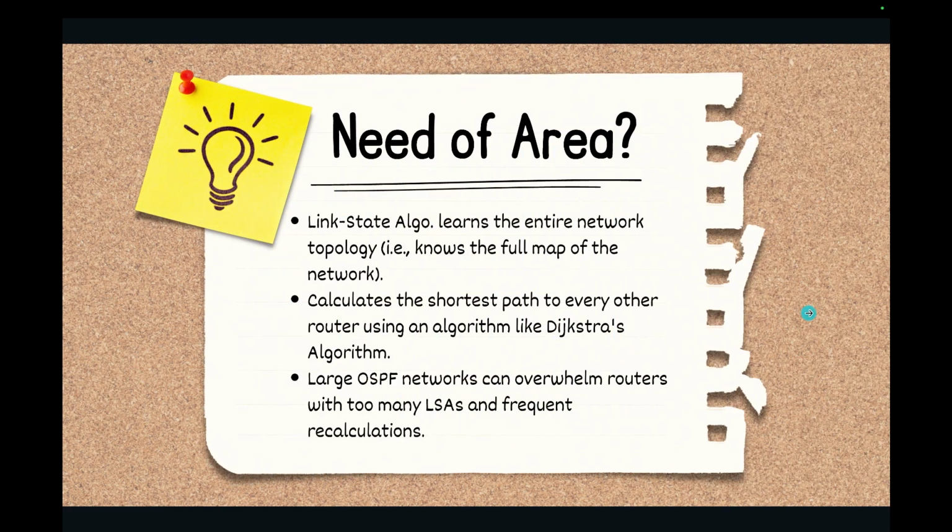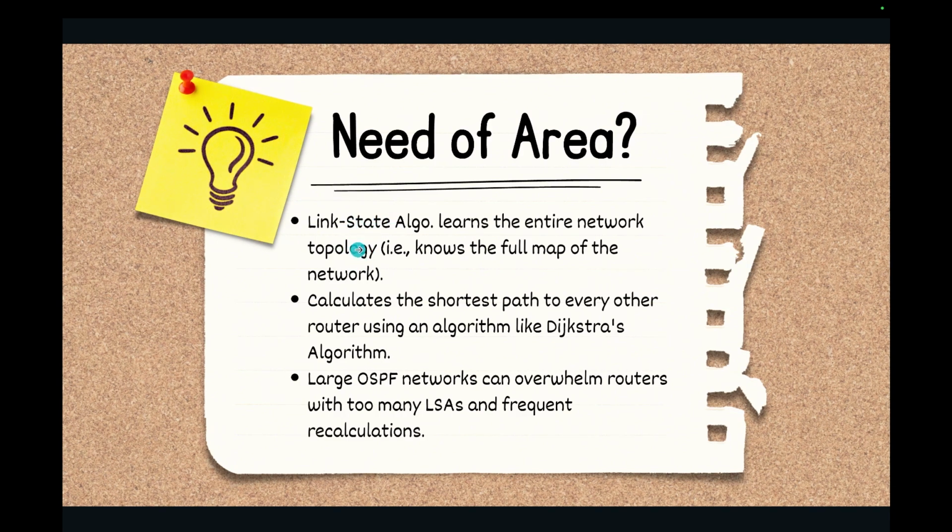When we usually learn OSPF, we start with the need of areas, or the concept of area which is used in OSPF. As we have seen, the link state algorithm learns the entire network topology, and we have also compared RIP with OSPF and how they differ. Let's say there is one router, so it knows the full map of the network.